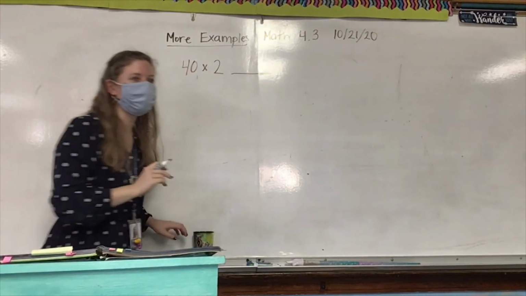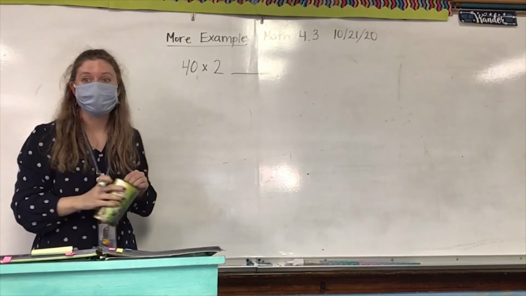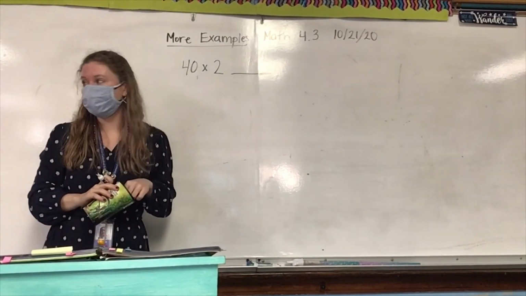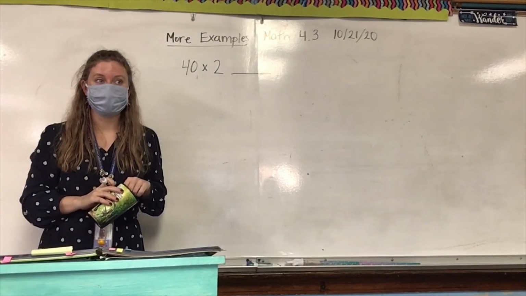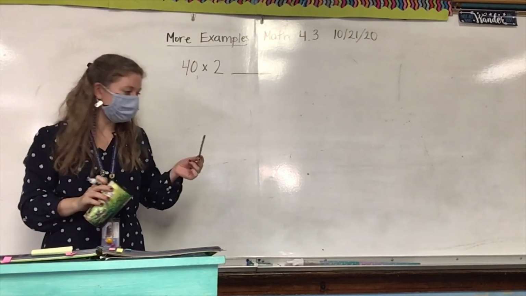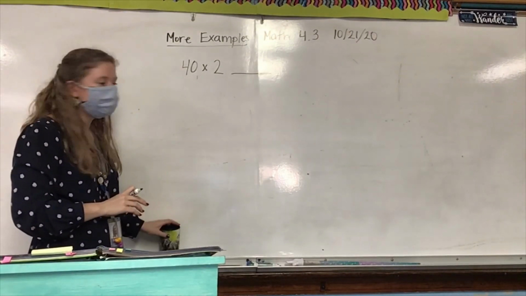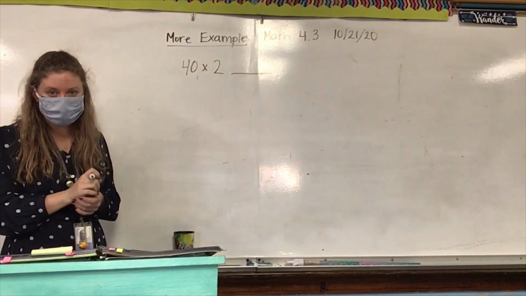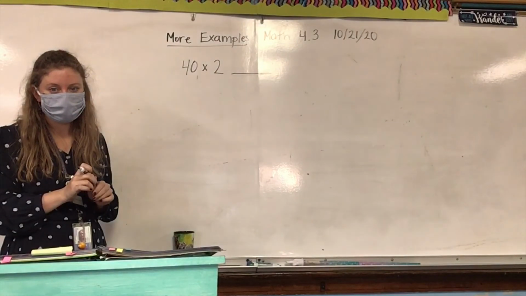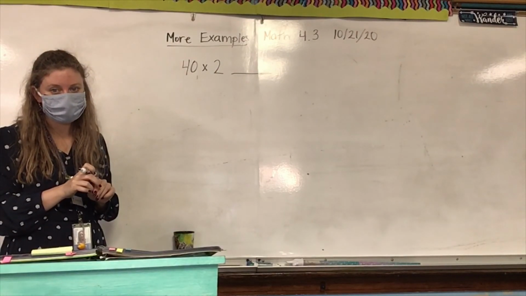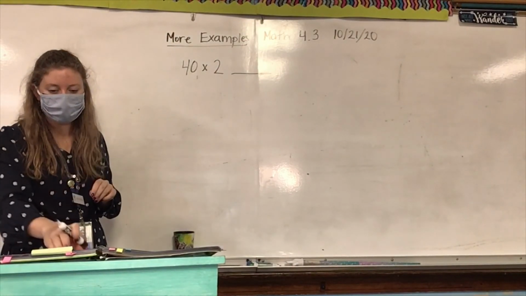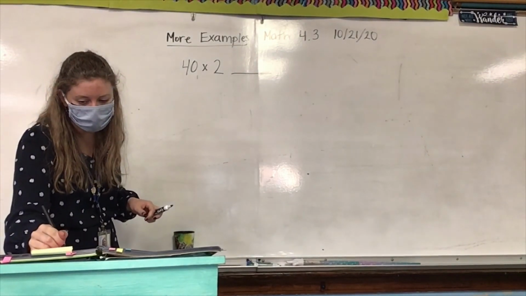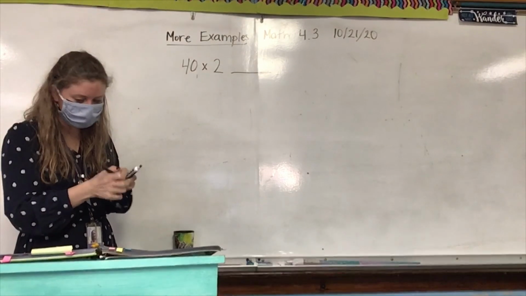And then I think we're going to have to move on, so that means you can just work on your independent practice. So if you need to fix, or if you need to finish, you can do that. Zari, what do I do first? You model. Model what? You model 40 times 2.